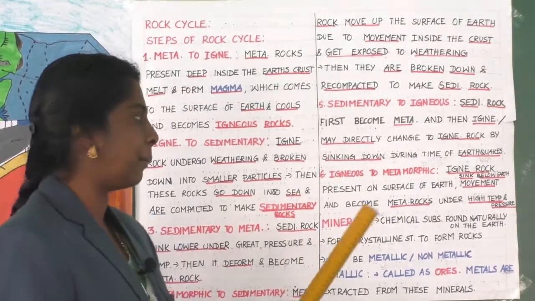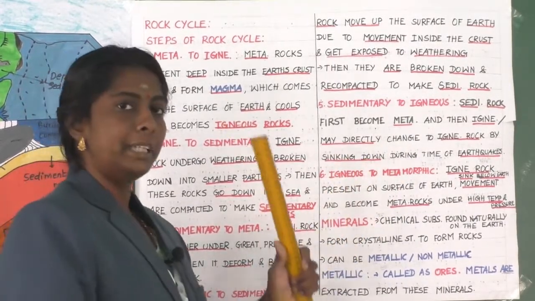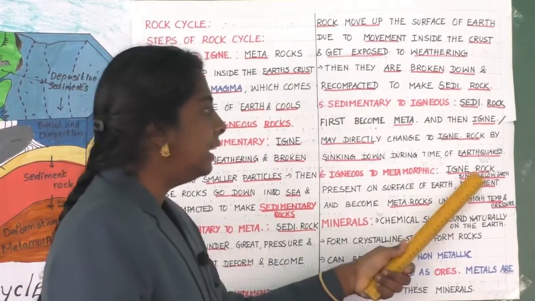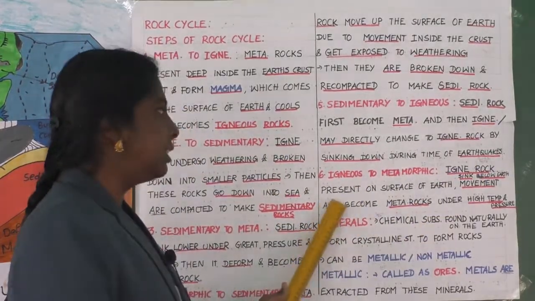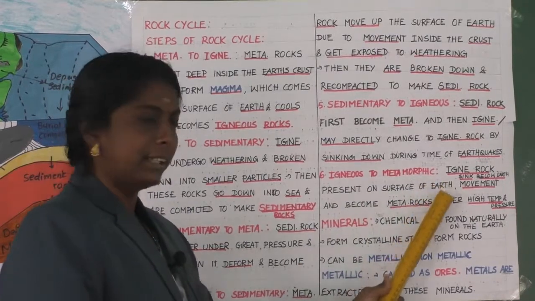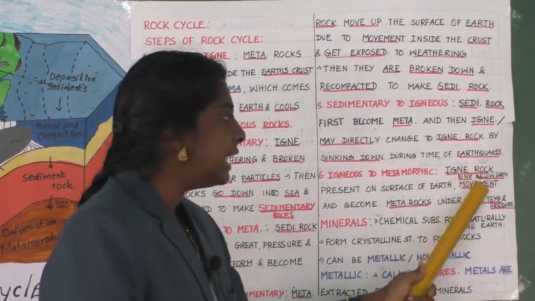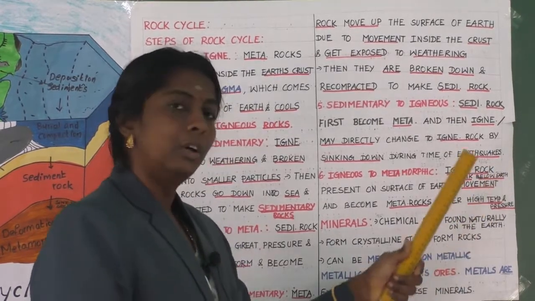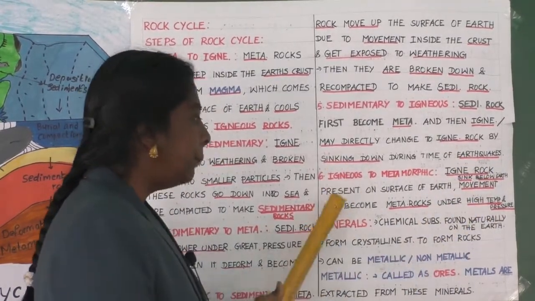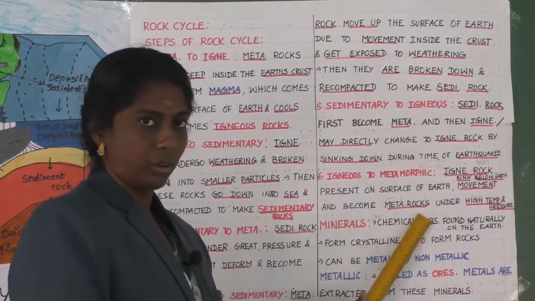How is this change happening? Igneous rock to metamorphic rock. Igneous rock present on the surface of earth will sink below by earth movement and become metamorphic rock.